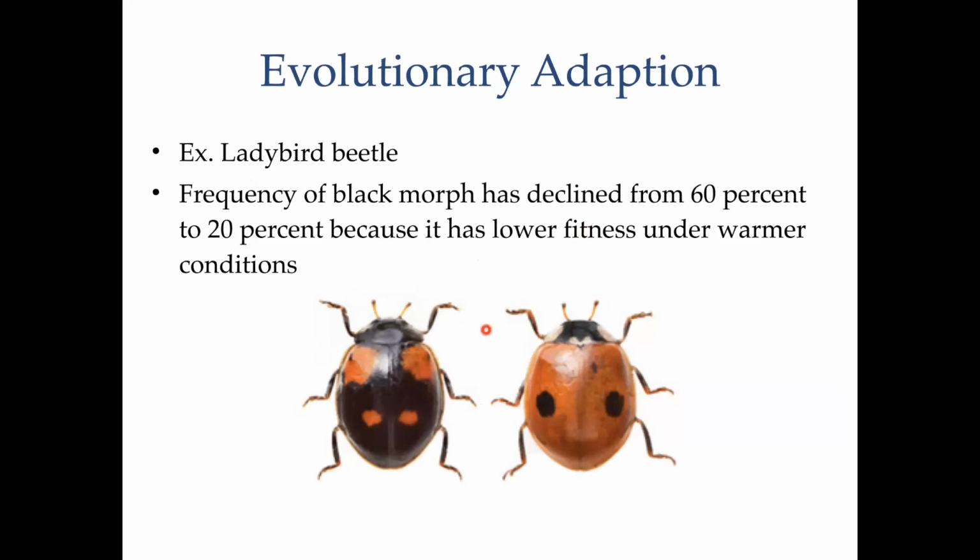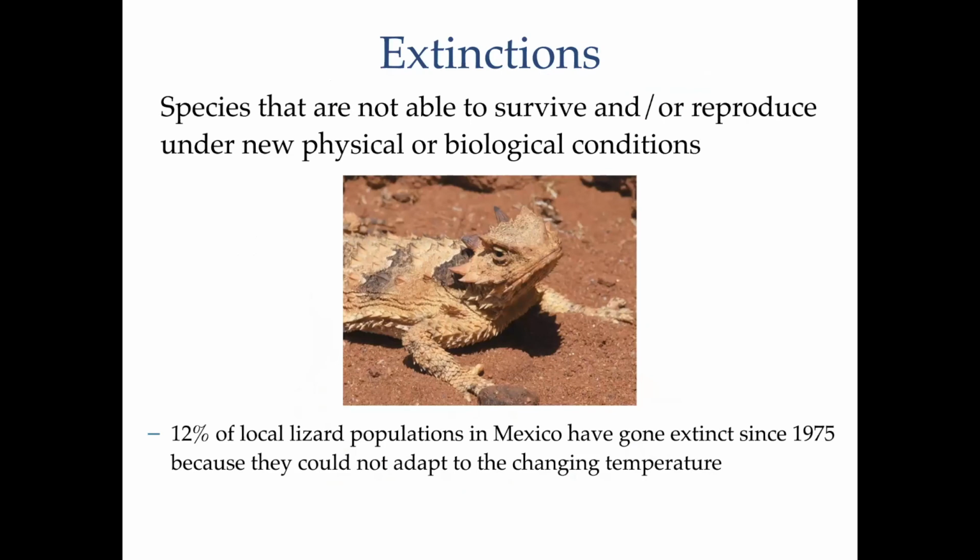One example is this ladybird beetle, where the black morphotype is declining because the black color is going to trap much more heat, and so individuals with this morphotype will be less likely to reproduce. As a consequence, we are seeing much more of the red type instead of the black one. So the traits that are adapted to a place are also changing.